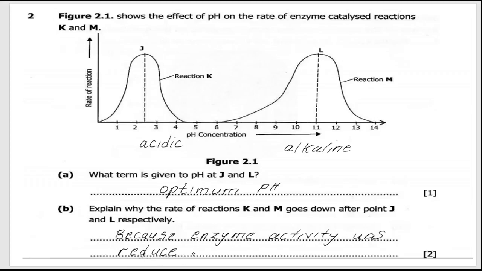Enzyme activity is reduced after 2.4, and even here after 11 the enzyme activity is reduced. So that is all you needed to get the 2 marks, because enzyme activity was reduced.